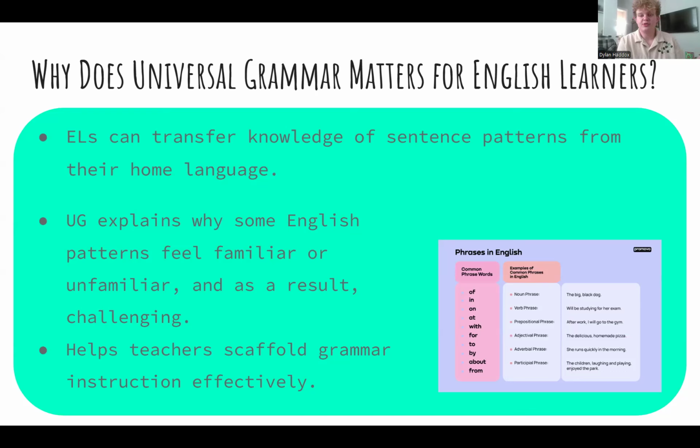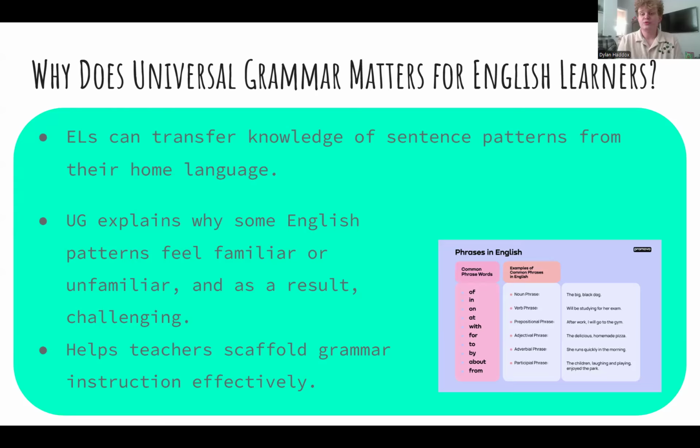I believe it's subject, verb, object in all three of those typically, but there are some outliers, of course. Universal grammar is also helpful for explaining to those students why some English patterns feel familiar or unfamiliar. And as a result, the unfamiliar ones can be a little more challenging for those kids.